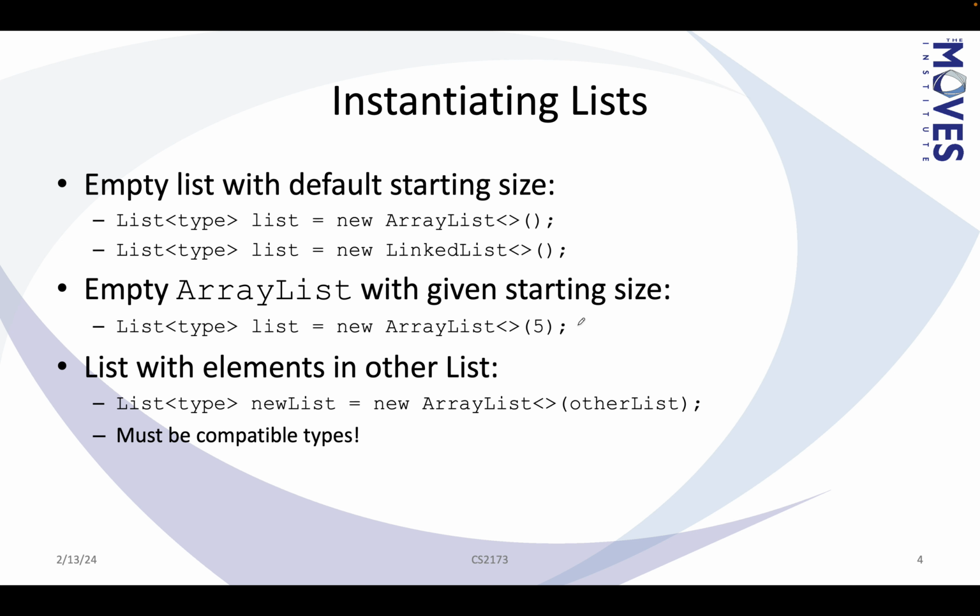I can't remember what the default starting size is, but for an array list, and you don't necessarily need to know this to use array lists, under the hood it uses an array, and then when you add things and it exceeds the size of that array, then it basically does what we did. We copy the array to a larger one and then start adding to it. And then when that fills up, they copy it again. My recollection, I haven't looked at it in a while, is they just kind of double the size of the array every time.